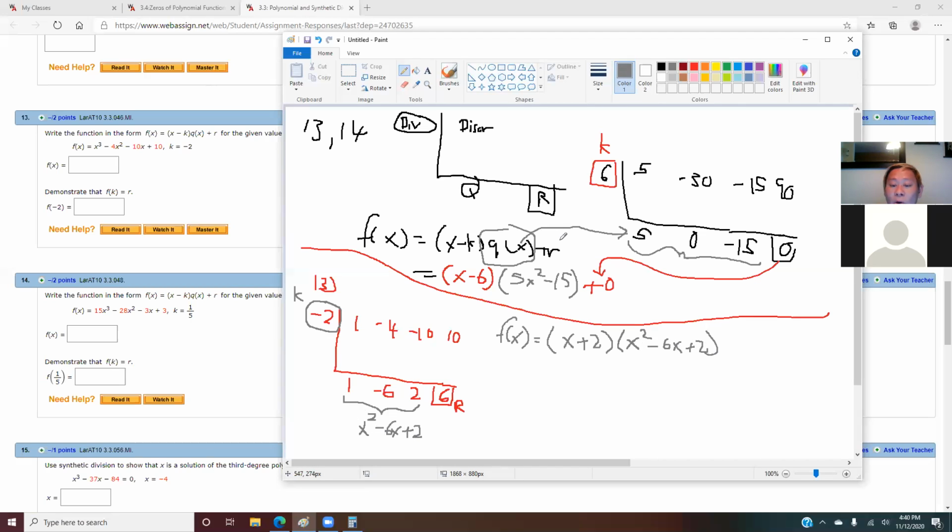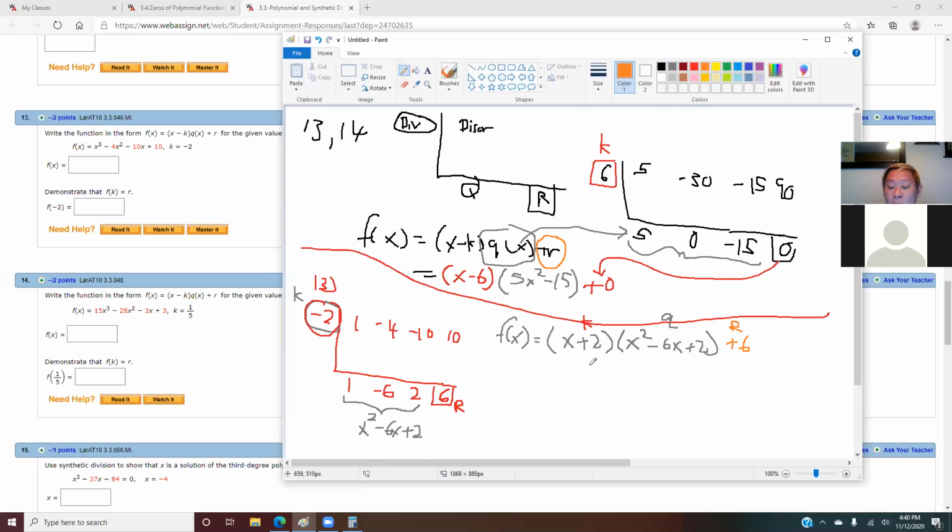And then what is your remainder? Plus 6. So this is how you do question 13 and 14. The one that you divide with is your k. The one that you find over here is your quotient. And then the remainder is at the back.